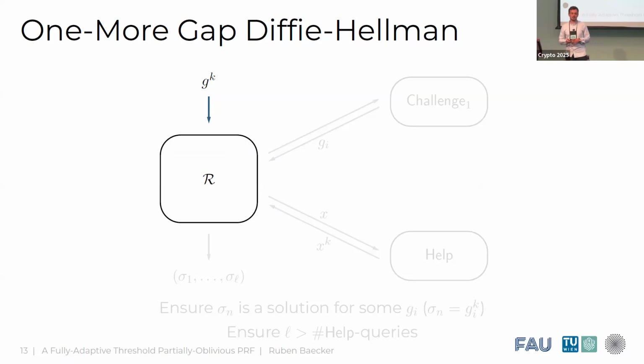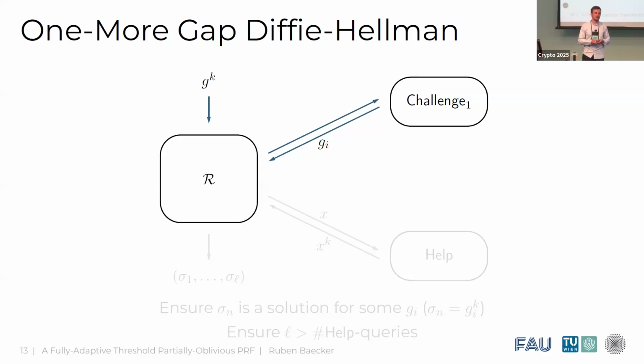And we are doing a reduction to the one-more gap Diffie-Hellman assumption. And that is simply, if you want to break the assumption, for example, a reduction, it takes the public key as an input, so just G raised to the private exponent K. It has access to a challenge oracle, and that simply returns group elements that serve as a challenge.